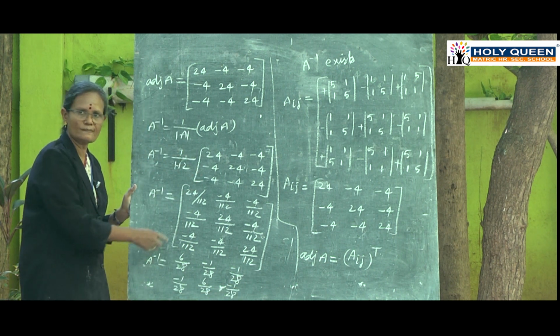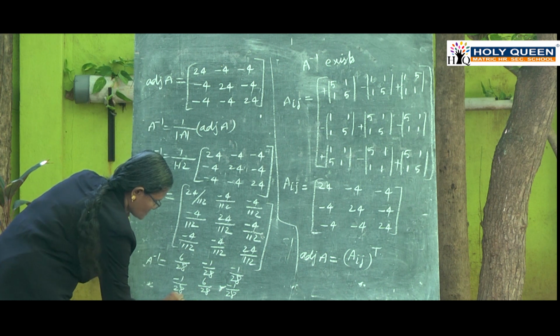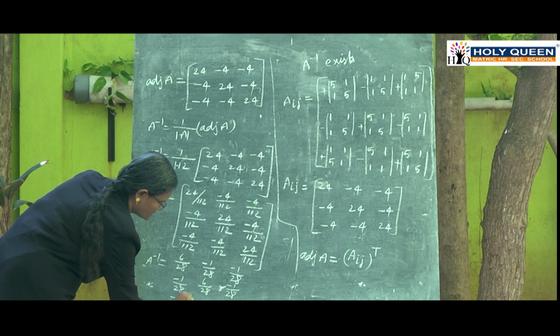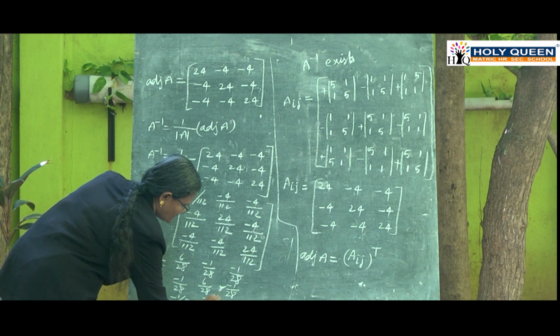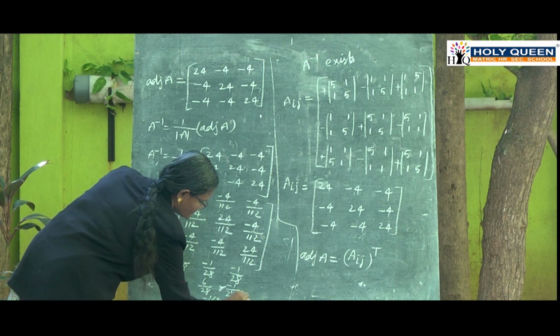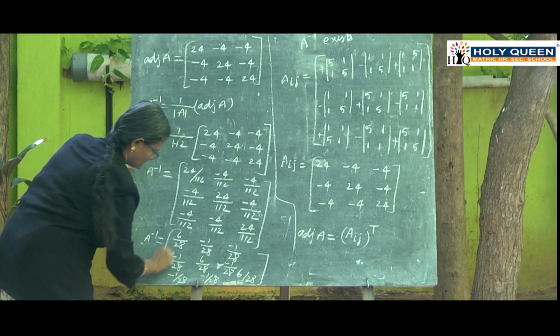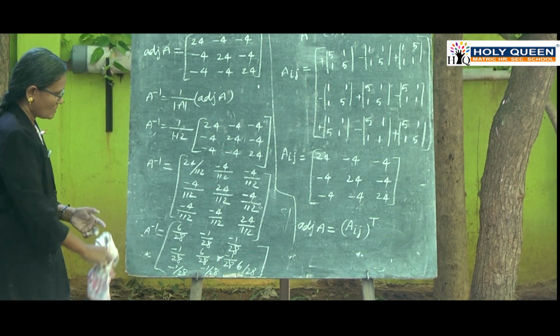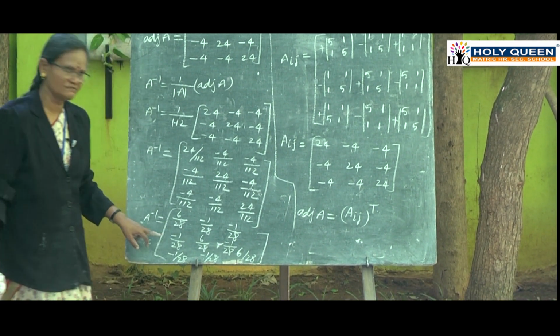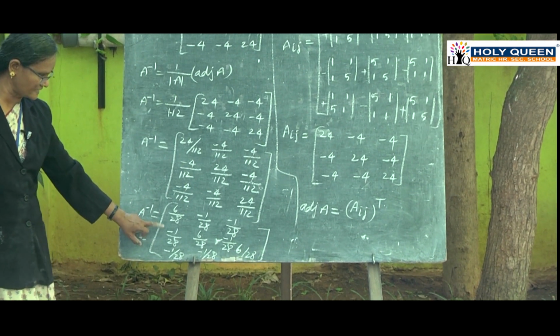In the third row, we get minus 1 divided by 28, minus 1 divided by 28, then 6 divided by 28. All the elements in A inverse have 28 as the denominator.